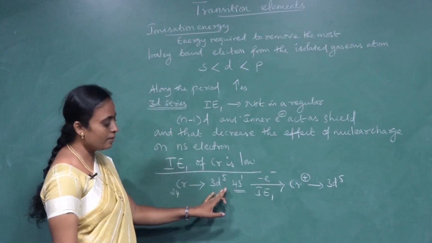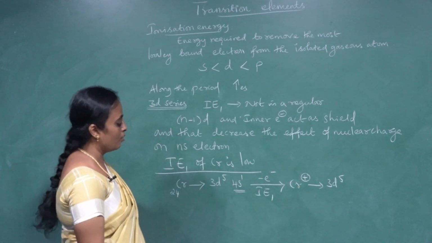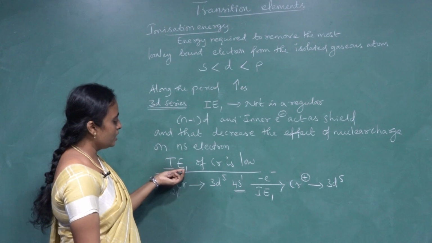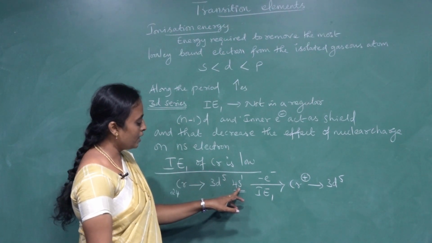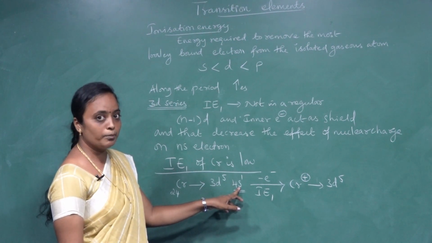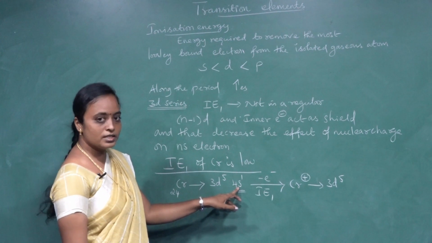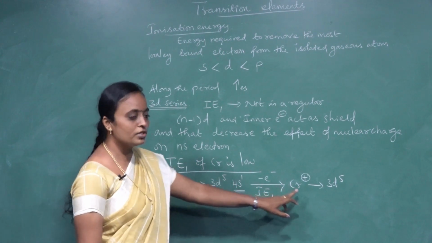Now why is the ionization energy of chromium low? Here, which electron do I remove? Only the s electron. The 4s orbital is incomplete. We have only one electron, and only that electron I am going to remove.